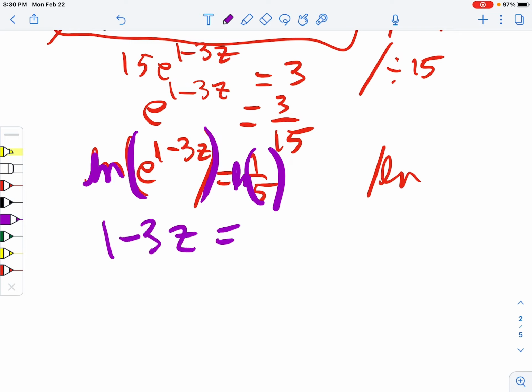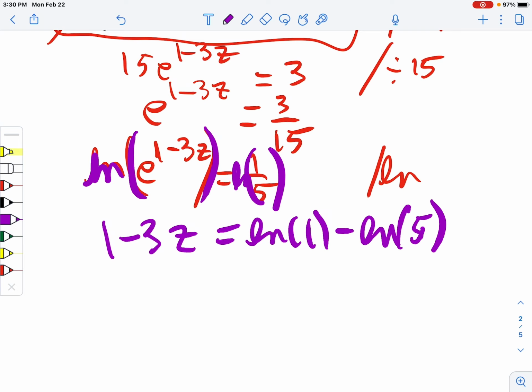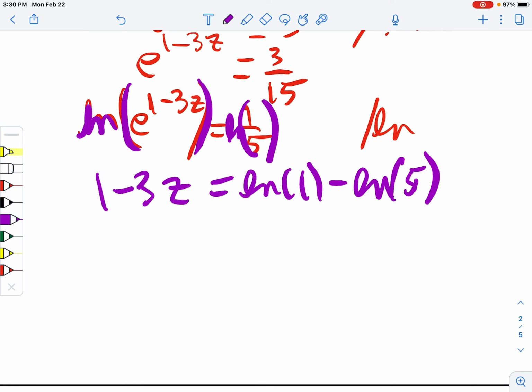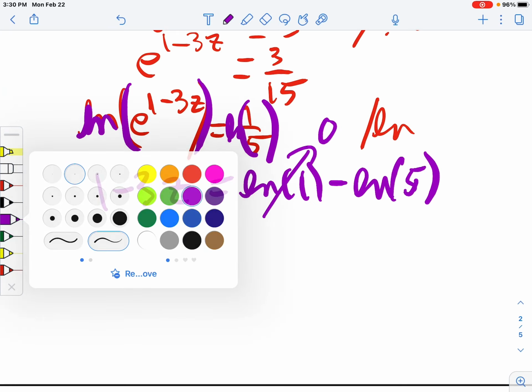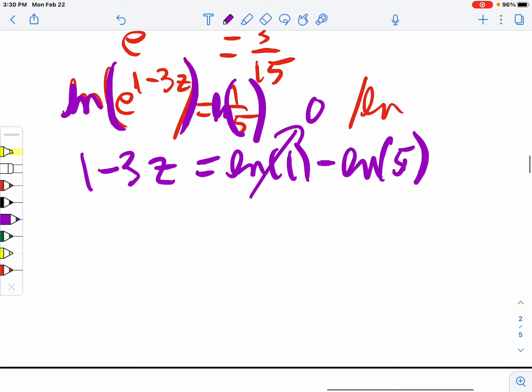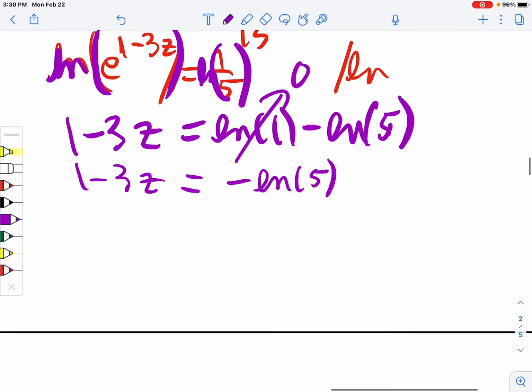What does the right side equal? Well, we know by our exponent rules that this is actually ln 1 minus ln 5. But what is ln of 1? That's 0, right? So what we have is 1 minus 3z equals negative ln 5. And now what do I need to do? Subtract 1 and divide by negative 3.